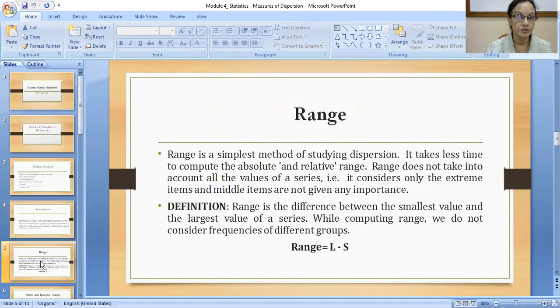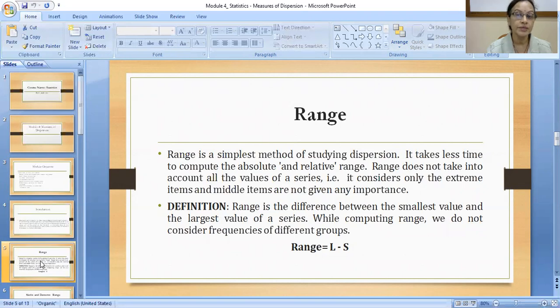Now, what is range? Range is the simplest method of studying dispersion. It takes less time to compute the absolute and relative range. Range does not take into account all the values of a series. It considers only the extreme items, and middle items are not given any importance.